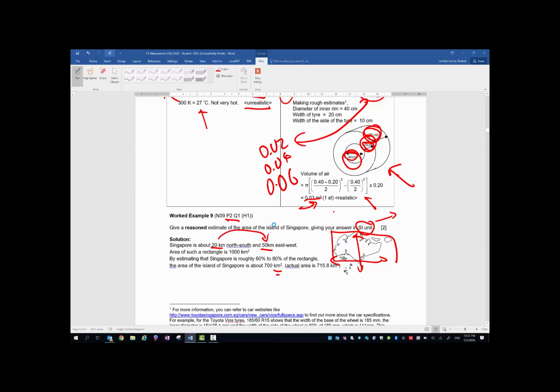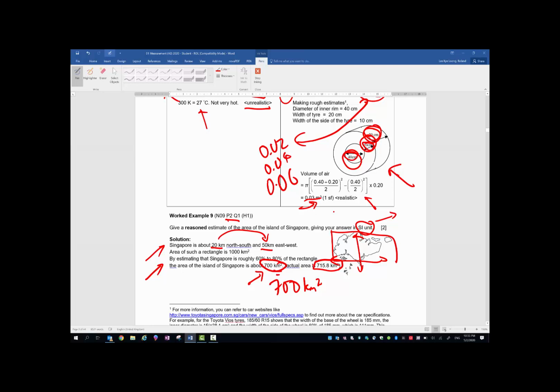But it's not a rectangle, so we estimate that Singapore is only about 60 to 80% of the rectangle, so the area of the island is about 700 square kilometer. So this is how we get the answer. This is the working, so we show the working and we get this answer, 700 square kilometer. The actual area is 715.8 square kilometers, so that's fine.